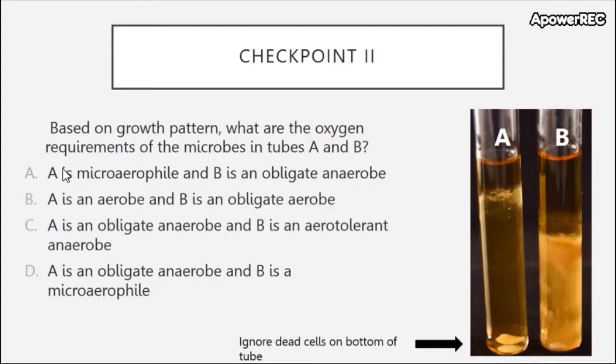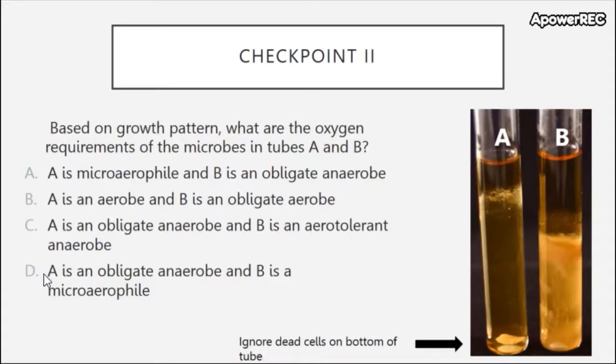So the possibilities are A, in which A is a microaerophile and B is an obligate anaerobe. B, A is an aerobe and B is an obligate aerobe. C, A is an obligate anaerobe and B is an aerotolerant anaerobe.